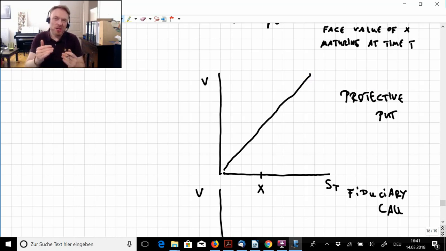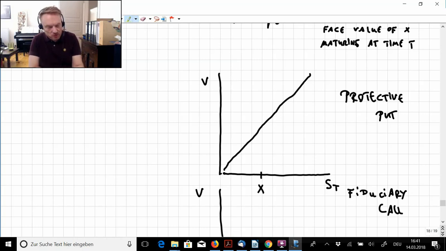But then there's the long put. The holder is given the right, not the obligation, but the right to sell this underlying asset at X, at capital X. So what do we have now?